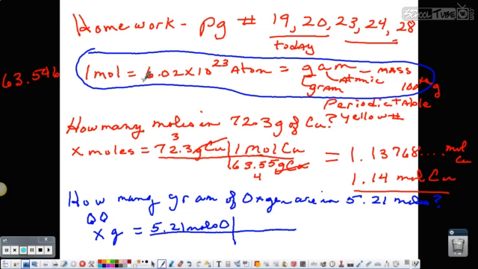This is the only factor we have to worry about. And there are 3 parts to the factor, so I have to pick 2 of them. Which one can cancel moles? Everybody think about it. 1 mole. 1 mole of what? Oxygen.